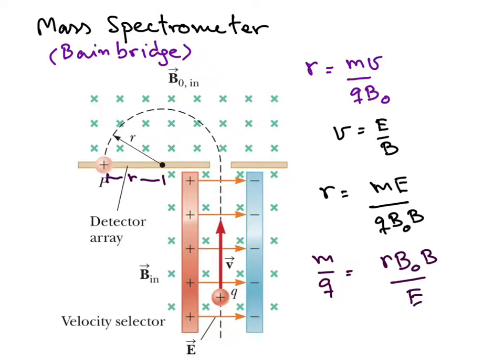So it means that we can measure how many isotopes we have in our source.